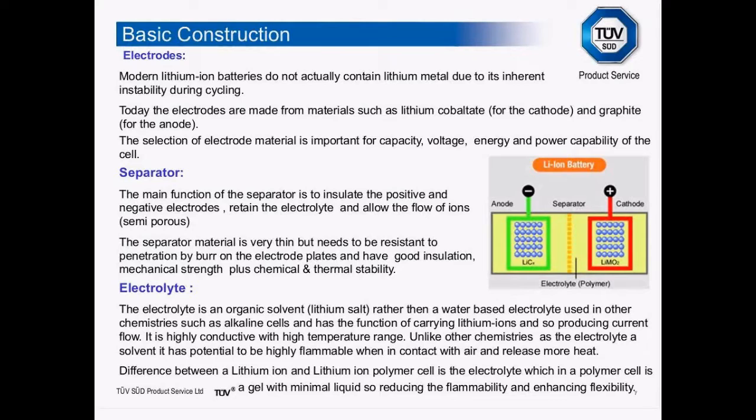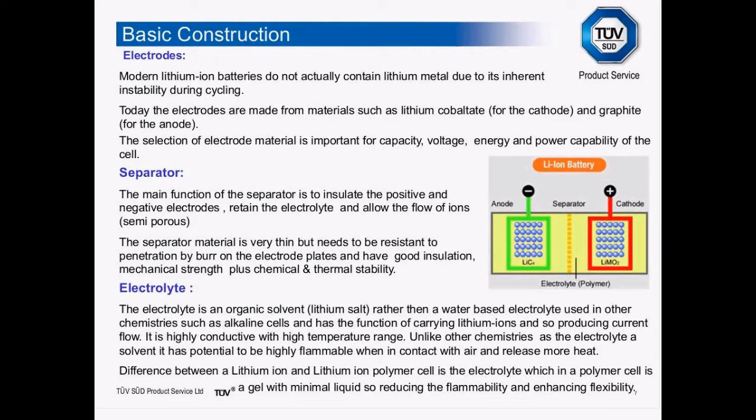So a key difference between an electrolyte in a lithium-ion cell and one that's in, say, an alkaline cell or a nickel metal hydride cell is that because it is an actual solvent, it has the potential to be highly flammable when it comes into contact with air and has the potential to release a lot of heat.